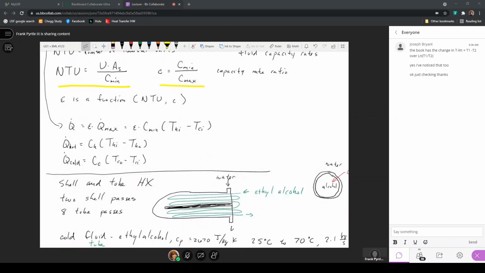Typically, the log mean temperature difference method is more suitable for determining the size of a heat exchanger based on the outlet and inlet temperatures being known.